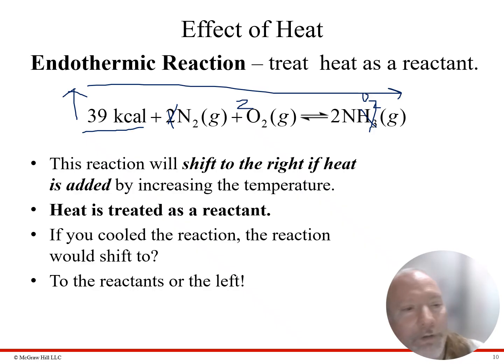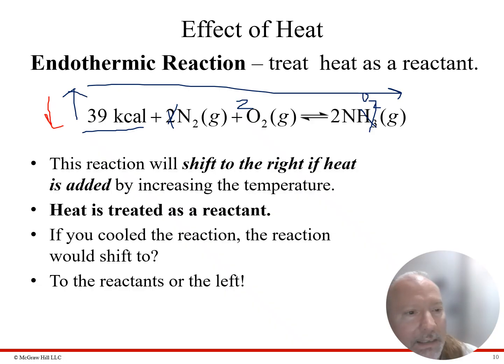Okay. But what if we were to cool this? What if we were to cool this and take out heat? So if we went the other way, let's change the arrow so it makes it easier. We already have enough confusion with the pointer option pen, but we want to change the ink color and we want red. I want red. So we take out heat and we go this way.